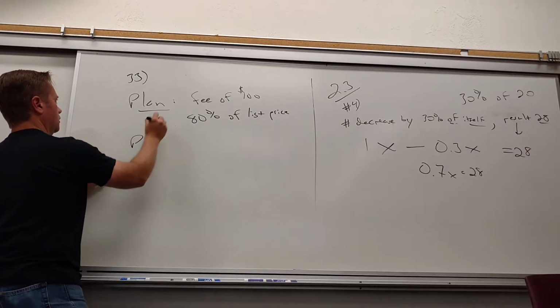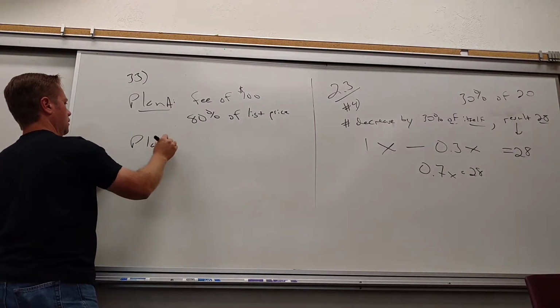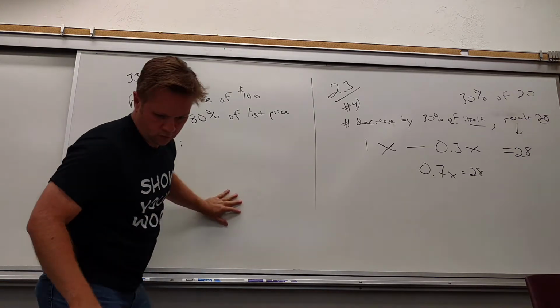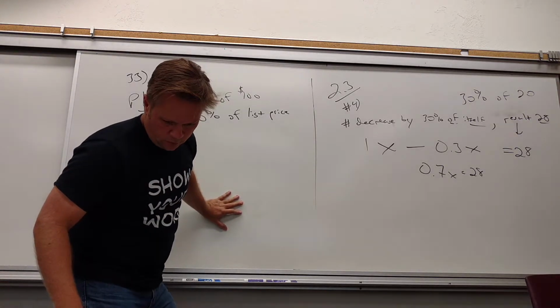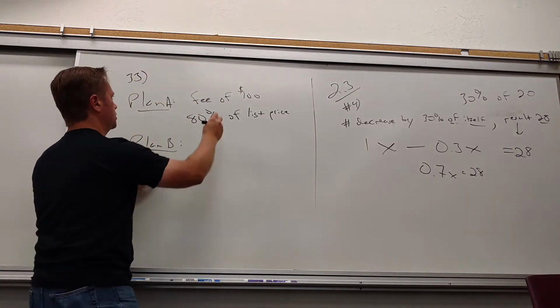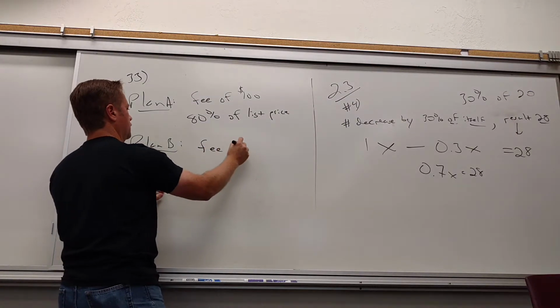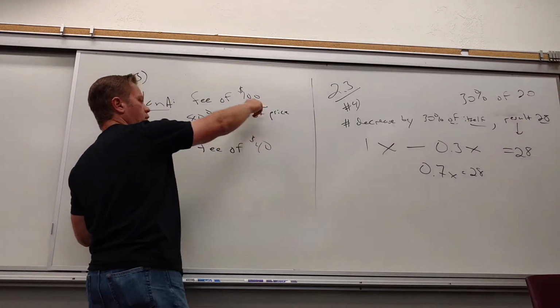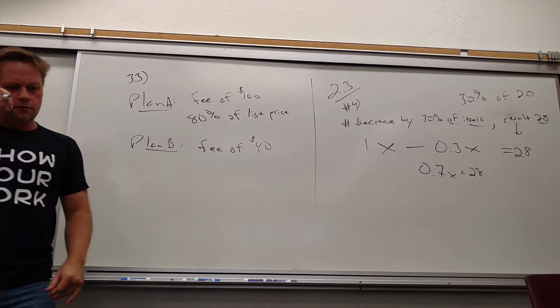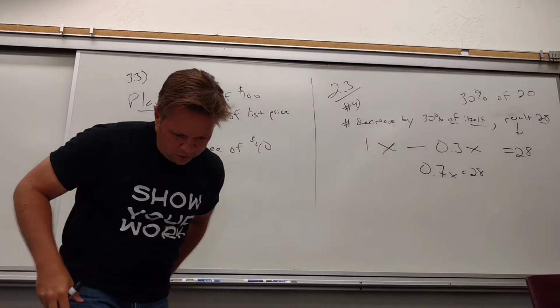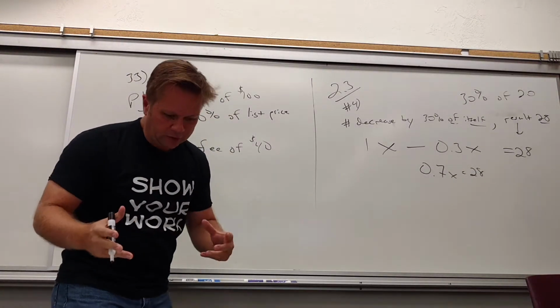Plan B: you get an annual membership fee of $40. So you save some money on the fee, but where'd it go? You pay 90% of the list price.